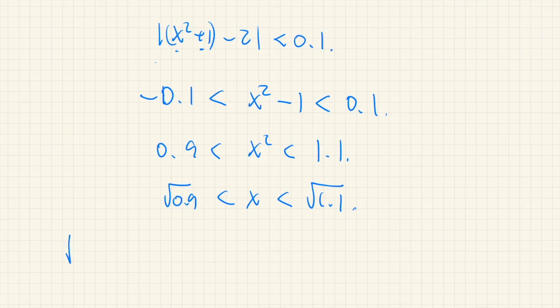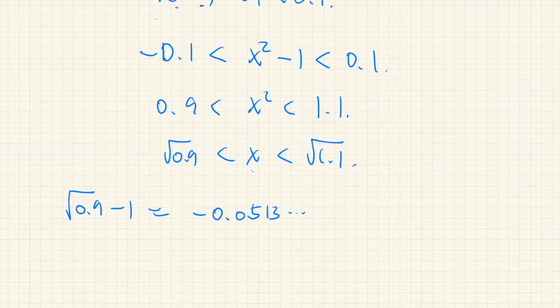Square root of 0.9 minus 1 is approximately negative 0.0513, and square root of 1.1 minus 1 is approximately 0.0488. If we compare the absolute values of these, this one is smaller.